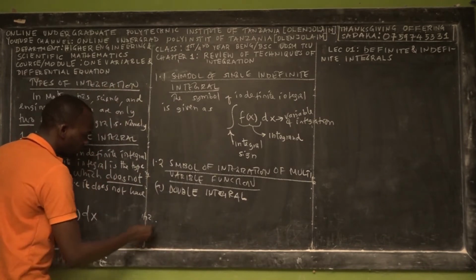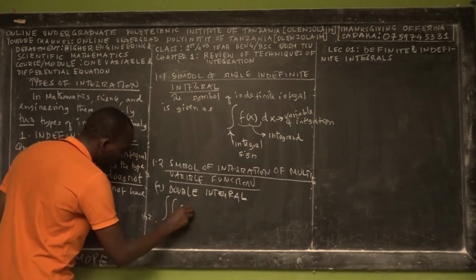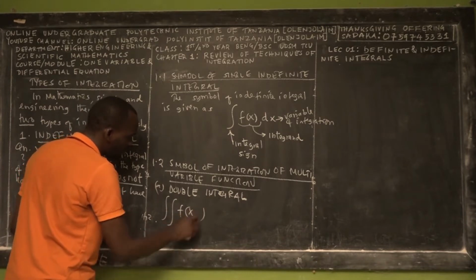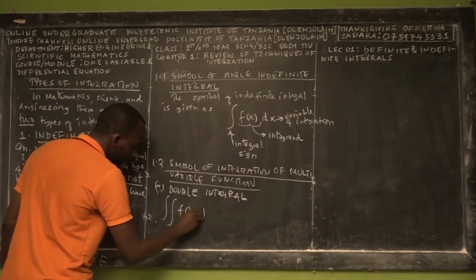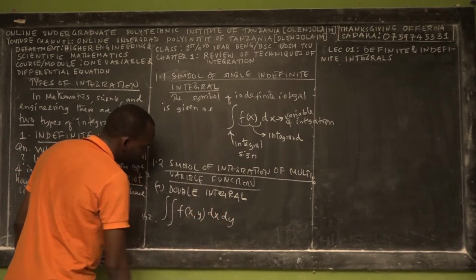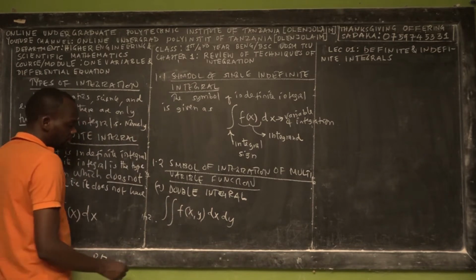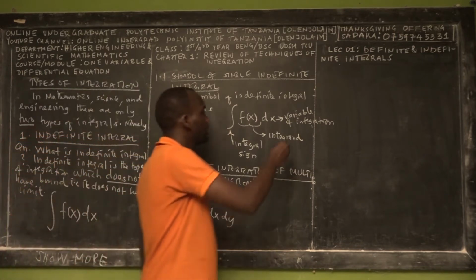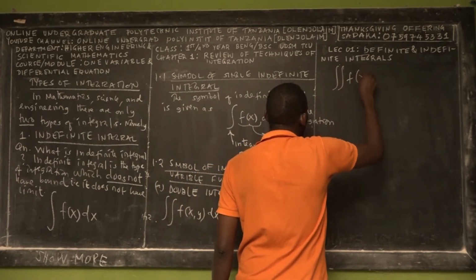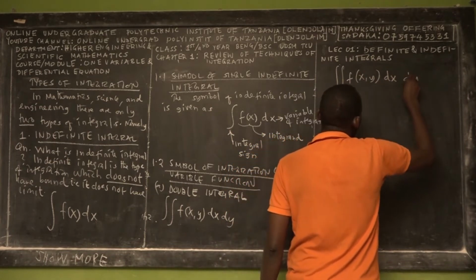So what is the symbol for this? We have a double integral sign. We have a function which depends on x, so it means the function of x comma y, dx dy. So that's the double integral. So we have a function f of x comma y, dx dy.